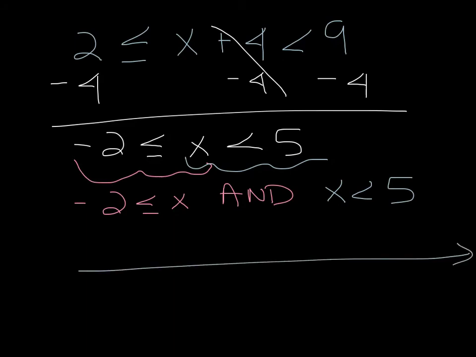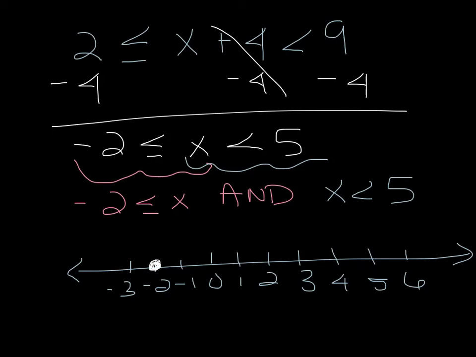And if you were to graph this on a number line, so let's go negative 3, negative 2, negative 1, 0, 1, 2, 3, 4, 5, and 6, we are going to have a closed circle at negative 2, and it's saying all numbers greater than negative 2, so we're going to go that direction. But then the other inequality says x is less than 5, and it's an open circle, and so it's this way.